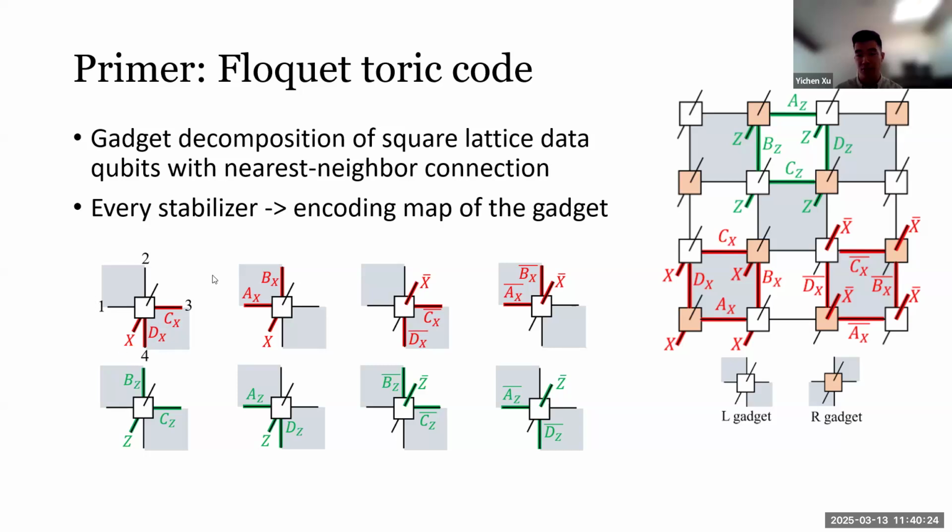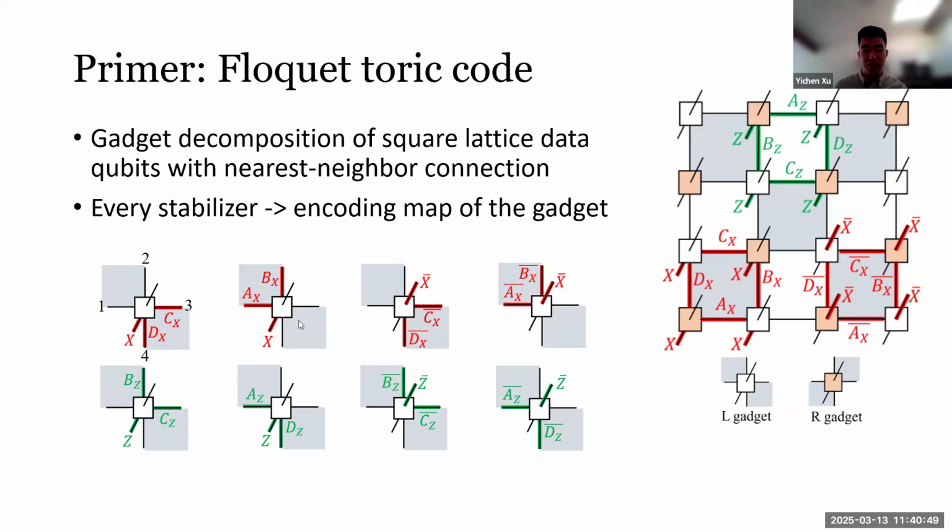I marked these 4 directions 1 to 4. Similarly, because there's an X stabilizer incoming on your top left, you have to produce A and B, according to the bond operators that we assign on the right. So you have to produce A and B on legs 1 and 2, and so on. So there are 8 operator maps that you need to reproduce through the gadget.